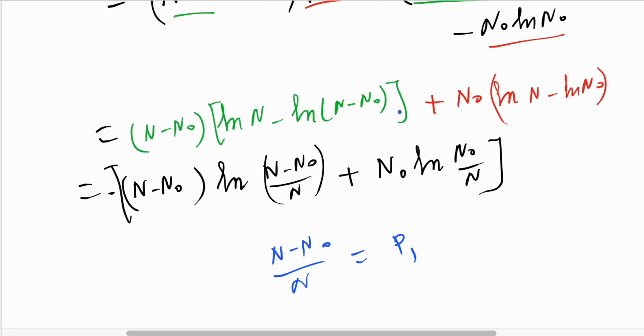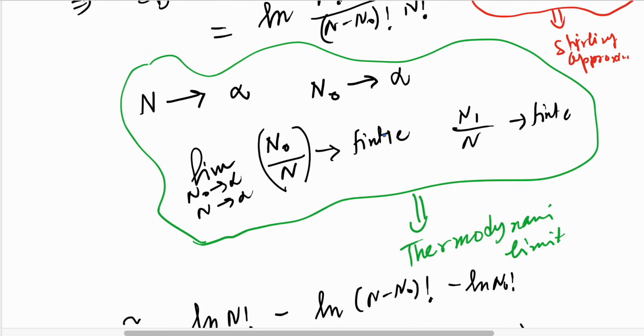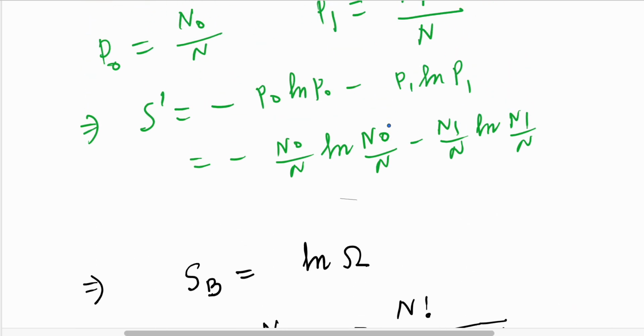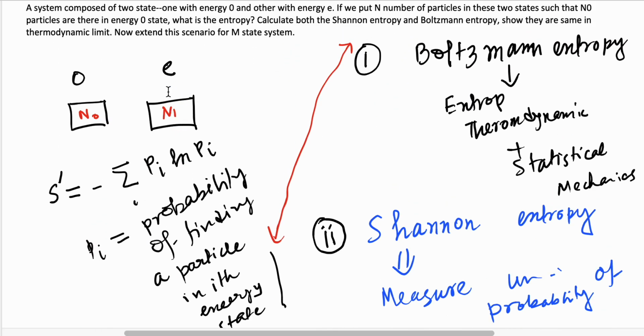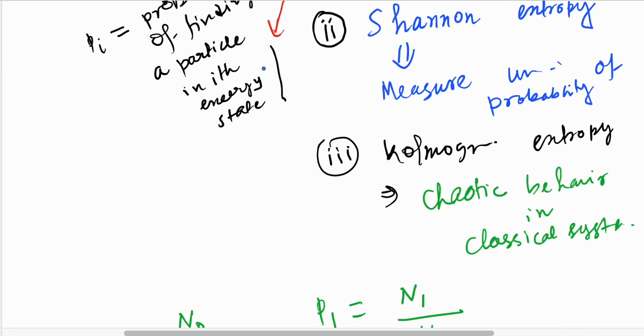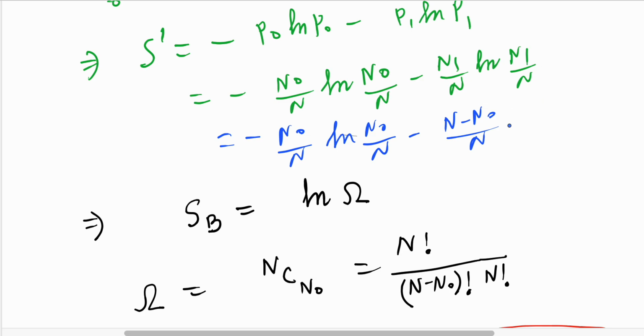And here n0 ln (n0 by n). n1 is nothing but n minus n0, the number of particles remaining here. That means if the total number of particles is n, then the number of particles with energy E is simply n minus n0.